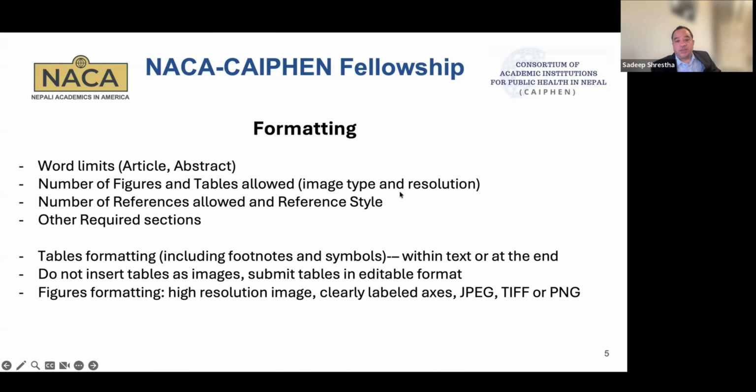In that case, they may also require specific resolution of the images. So be very mindful of that. That's why you have to follow the instructions. Some will ask for a JPEG, some will ask for TIFF. It all depends. But the key is it has to be a high resolution image.